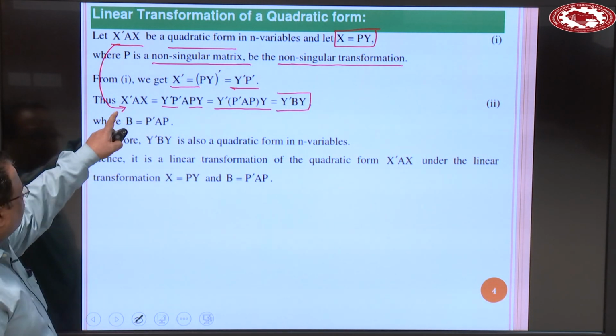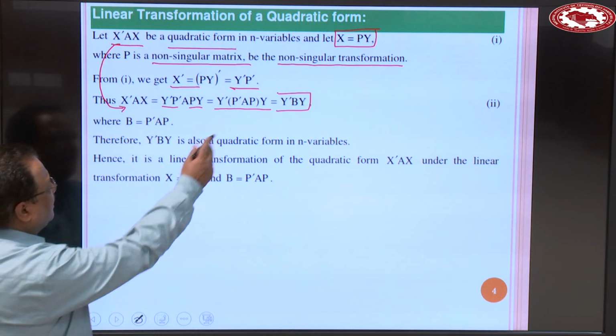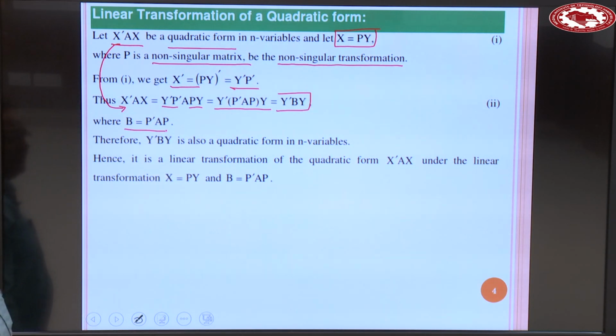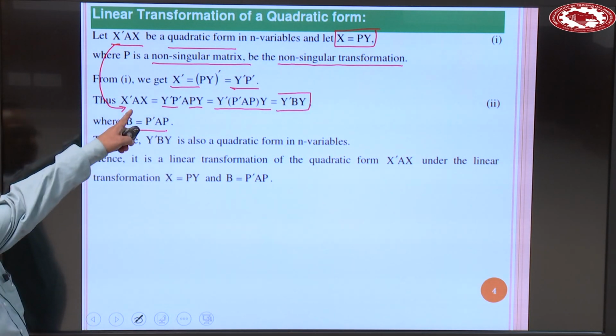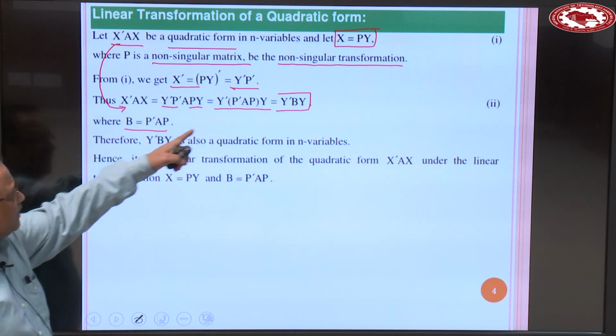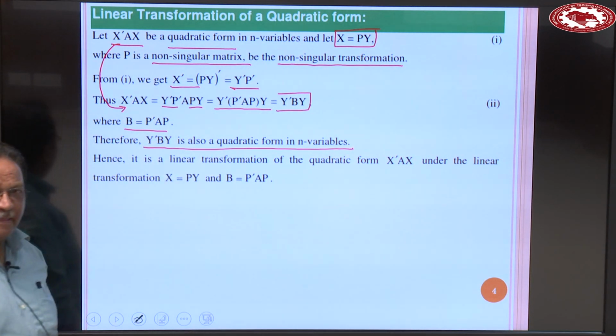So observe, this x'Ax is equal to y'By, where B is equal to P'AP. So this one is equal to this one, and this one is a quadratic form. This means that y'By is also a quadratic form in n variables. Clear?